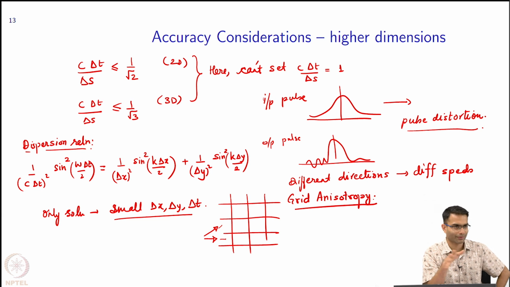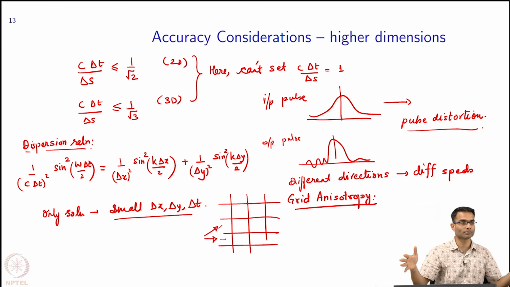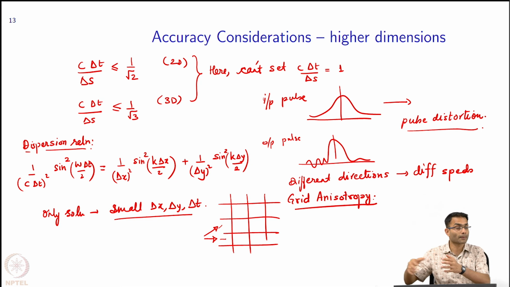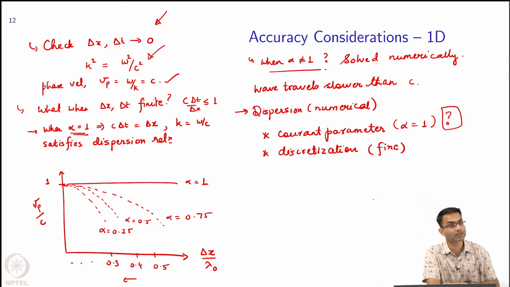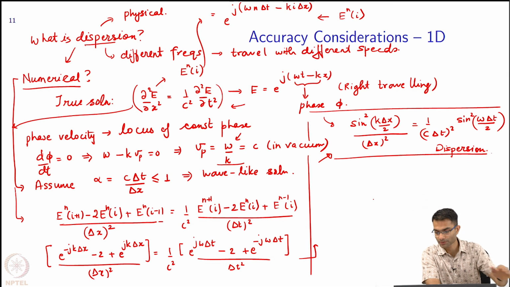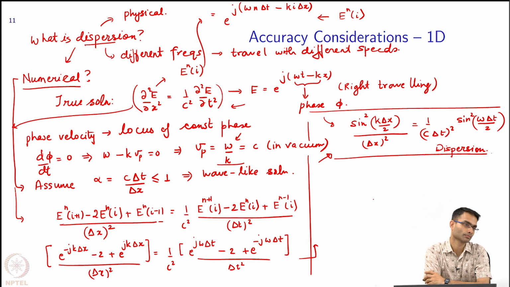Then you can fit whatever you want to it, but you will find that even in a 1D problem, if alpha is not equal to 1, it is not traveling at the speed of light. That is what we saw over here. Even when there is no medium, if you look at the dispersion relation, when delta x and delta t are finite, you should not see any distortion in 1D if I set alpha equal to 1. But in other places I have to live with it.